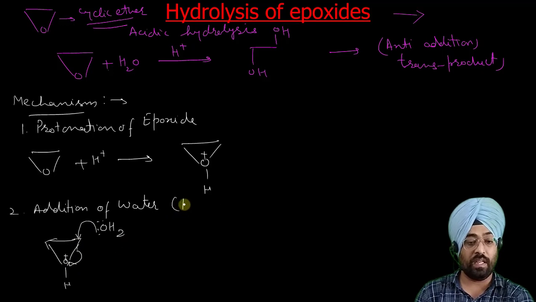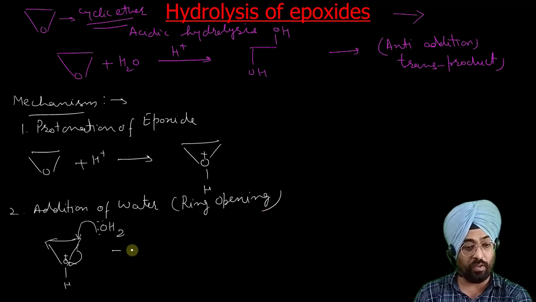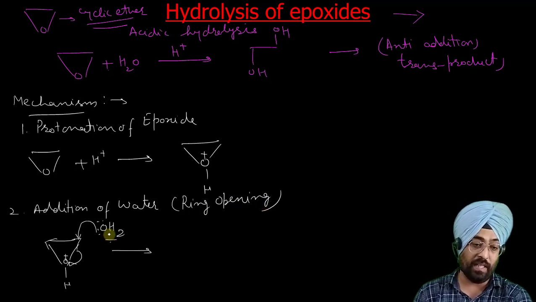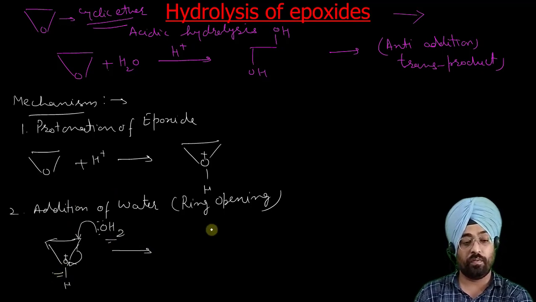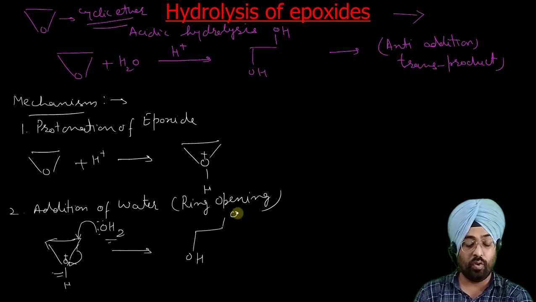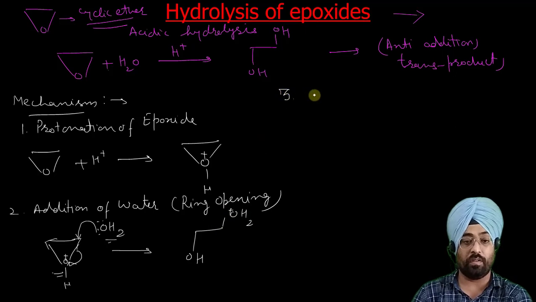So it is a ring opening step. As you can say, the ring is being opened now, and this water attacks from the opposite side of this already present OH group. So what we get is this OH and this OH2 positive. The third step is quite simple: loss of proton.